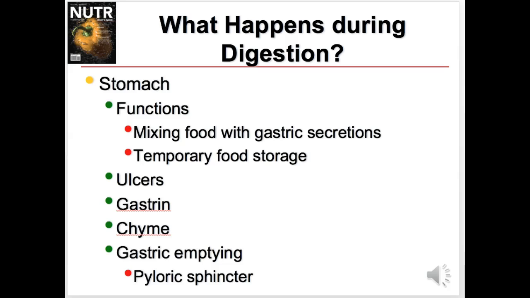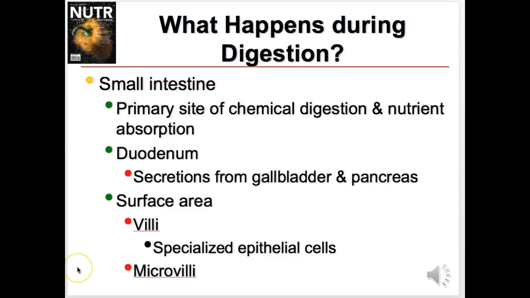It plays an important role in digestion, where it acts as a valve to control the flow of partially digested food from the stomach. From there it goes to the small intestine, which is the primary site of chemical digestion and where nutrients are absorbed. Then we talked about the duodenum, and that receives secretions from the gallbladder and pancreas.